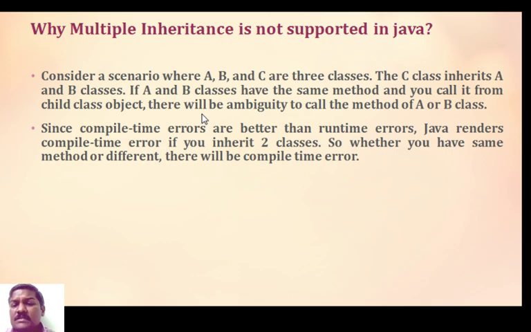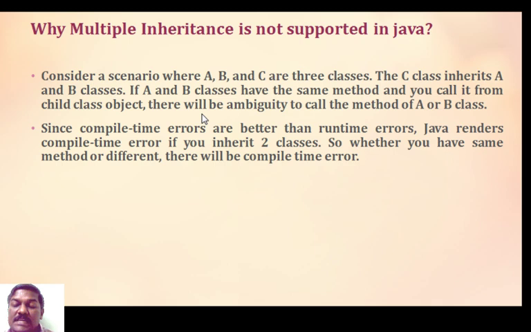Assume that I have three classes called A, B and C. Class C inherits the A and B classes. This is the scenario. Suppose A and B classes have the same method. Because A and B are separate classes, they may have the same method, which is possible in Java.